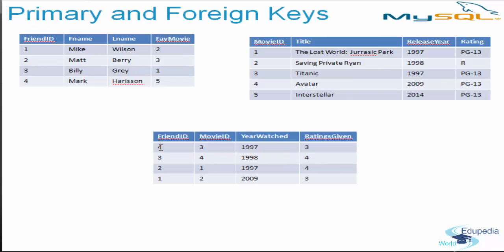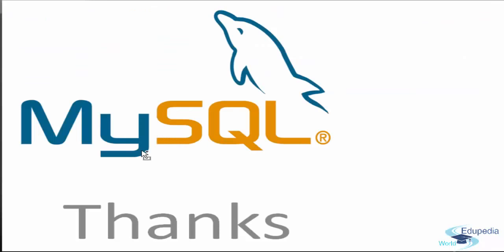Another important thing to notice is that the combination of the two foreign keys won't be the same. It cannot be like 4 here, 3 here, and again 4 here, 3 here. This combination will be unique, and that is why it will be the primary key for us.